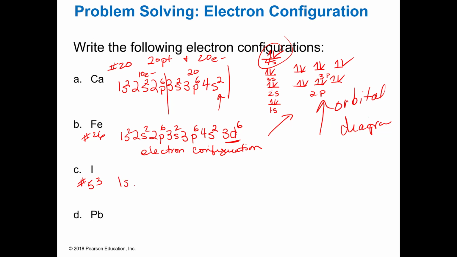So 1s, 2s, 2p, 3s, 3p, 4s, 3d, 4p, 5s, 4d, 5p, 6s, 4f, 5d, 6p. I think that's enough. But you could keep going, right? Because you know the pattern.